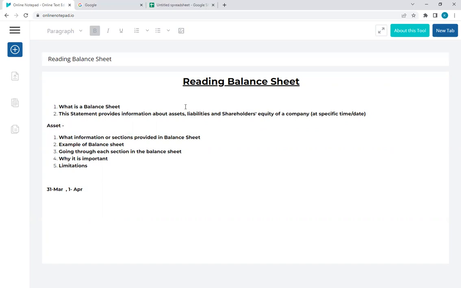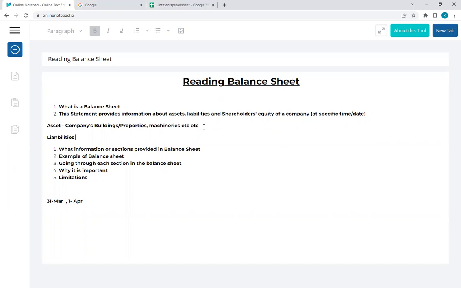In simple terms, we can say a company's buildings, properties, whatever it has, machineries, and so on, are the assets of the company. And what are liabilities?